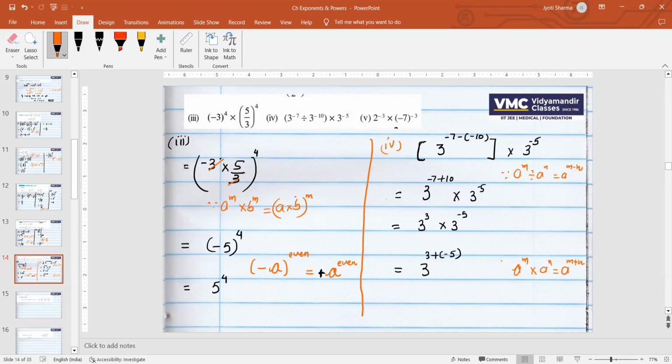Here powers will be added. I cannot leave my power negative as instructed by the question, and even I should not do. Here I have applied the law.